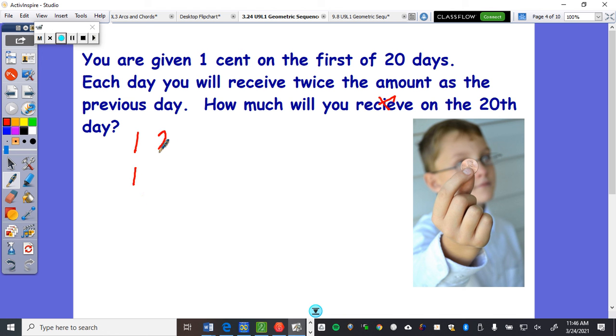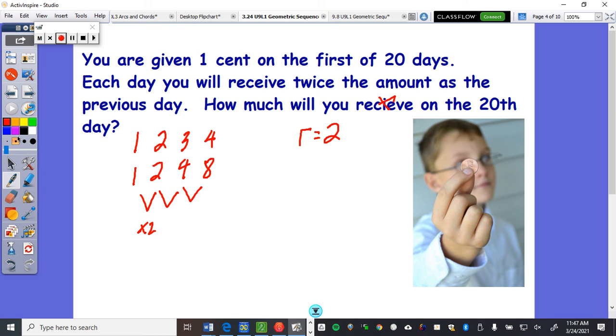On the second day, we have 2. On the third day, we have 4. So what are we multiplying by each time? 2. In this case, my common ratio is 2.